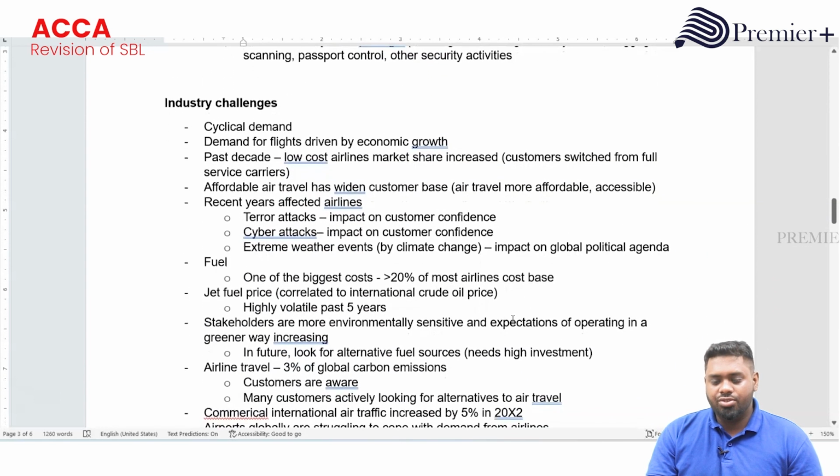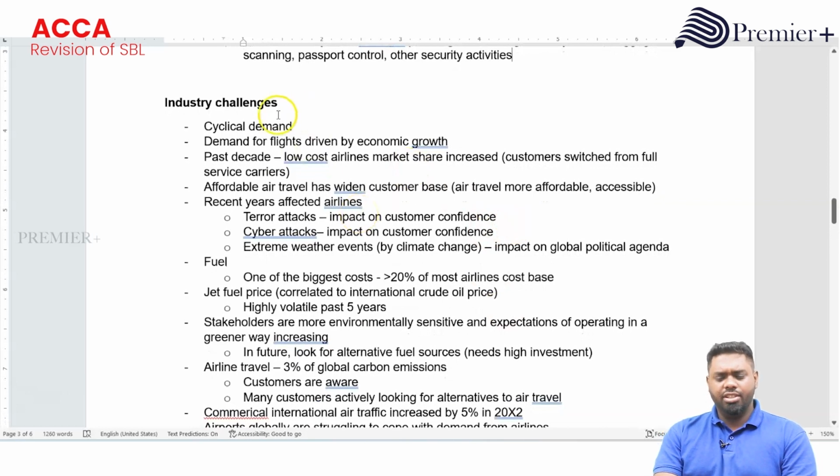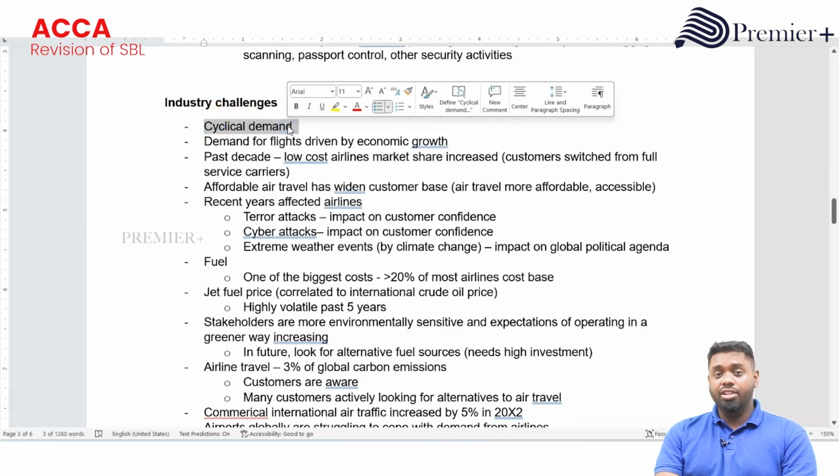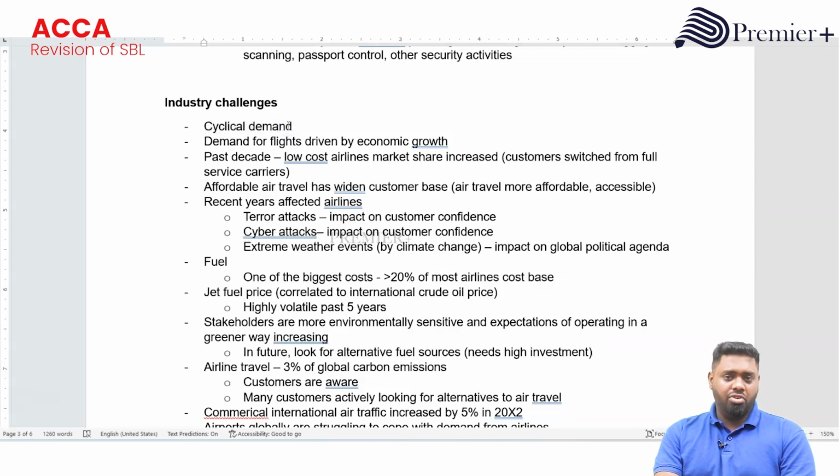What about industry challenges? If you look at the airline industry, it basically takes the form of a cyclical demand. We earlier looked at the reasons for travel. It can be commercial and non-commercial purpose, traveling for work and traveling for leisure. So specifically we discussed that when traveling for leisure, there are specific periods in the year where people plan for travels.